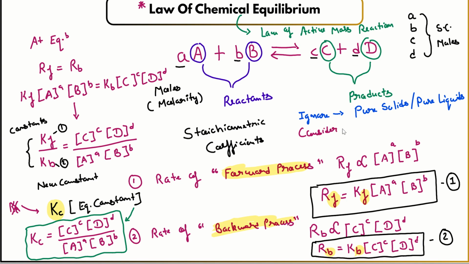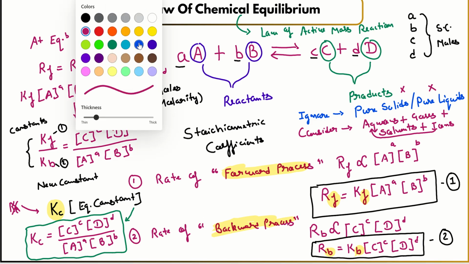What you can take in your equations and quotients is aqueous mediums, gases, solvents, and reactions which have ions. Ions are always aqueous only. So you can consider aqueous, gases, solvents, and any reactions having ions, but you have to avoid pure solids and pure liquids when considering Kc. Okay, that is the equilibrium constant.